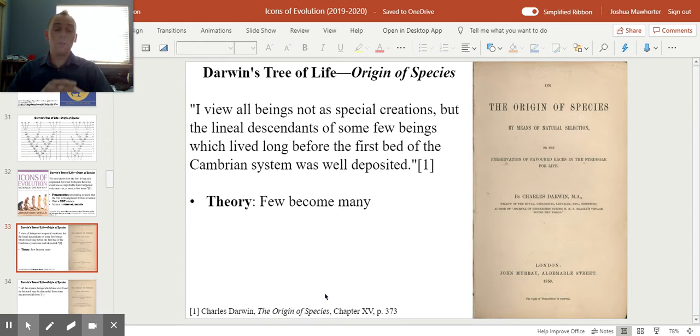So Darwin's theory is this. It's not special creation, but rather lineal descendants from some few beings. The few become many over time, with modification, with natural selection being the mechanism.